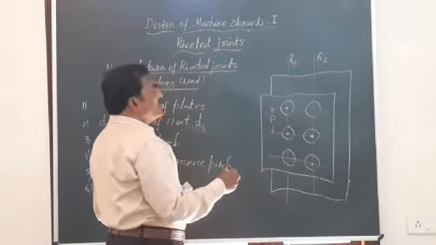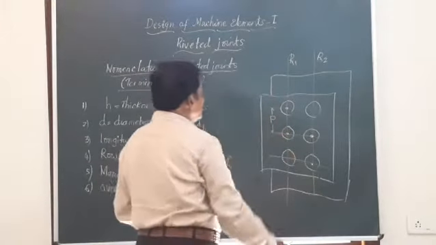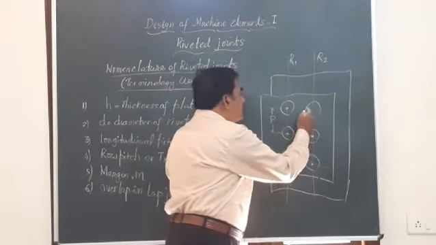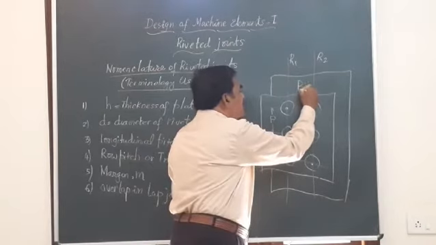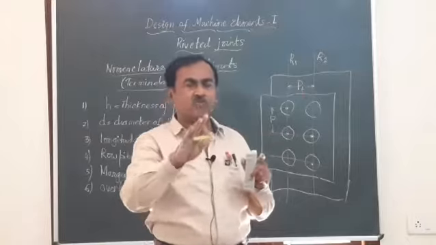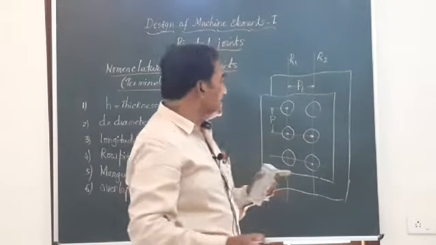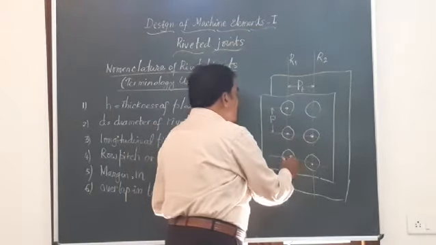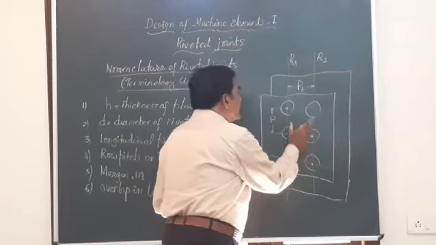if it is a joint with chain riveting, this is called the longitudinal pitch, and the distance between any of these two rows is called the transverse pitch PT, or this is also called the row pitch. Row pitch or transverse pitch, they are one and the same. In case of this joint made using two rows of rivets with chain riveting, this will be approximately 2D.